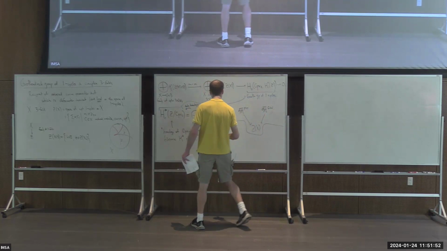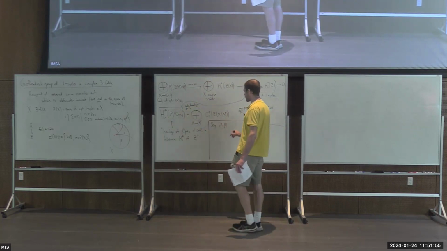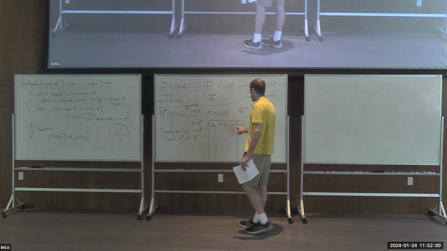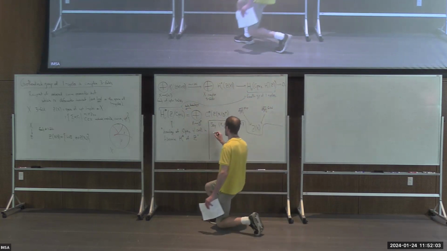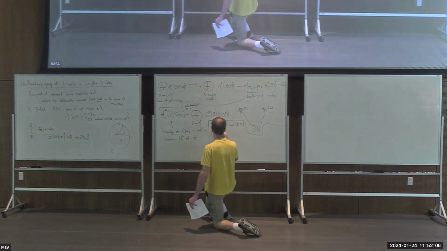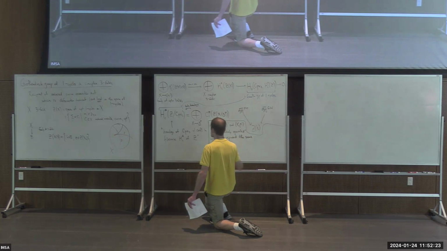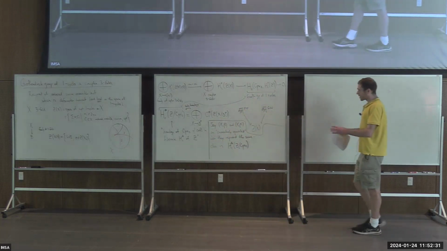X, beta, say a projective threefold with a multi-class, and X prime, beta prime, another threefold, another multi-class, are numeratively equivalent when they represent the same class in this group.